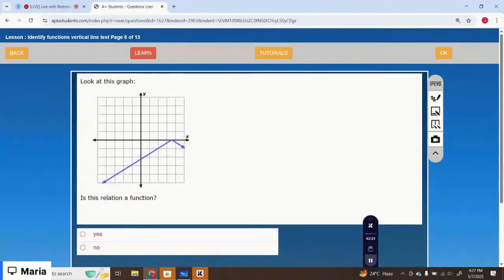Look at this graph. Is this a relation or function? Yes, it is a function.